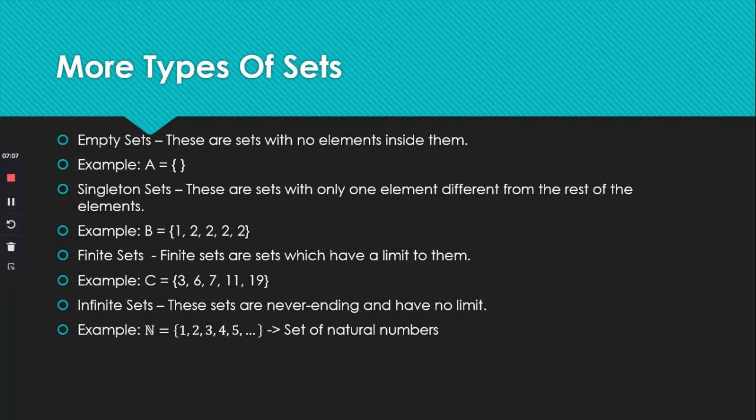Finite sets. Finite sets are sets which have a limit to them. Example, C is equal to 3, 6, 7, 11, 19. So it's a set which has a limit, as we said before in the order, the cardinality. And we also said that infinite sets are sets that are never ending, have no limit, like a set of natural numbers as shown here.